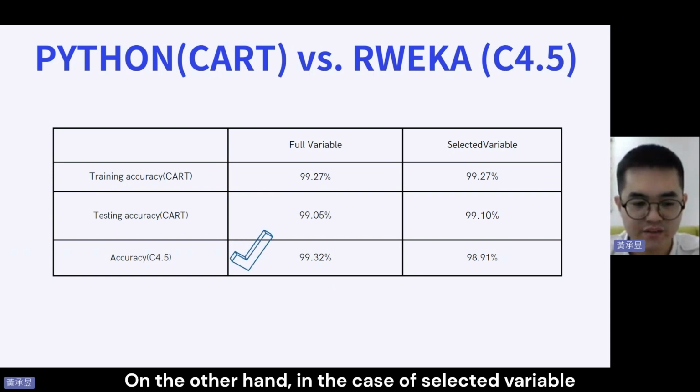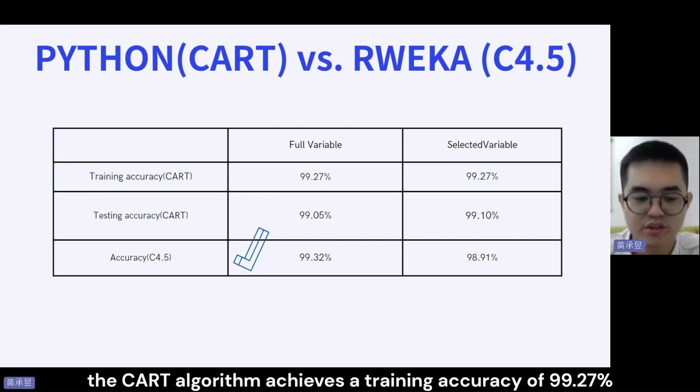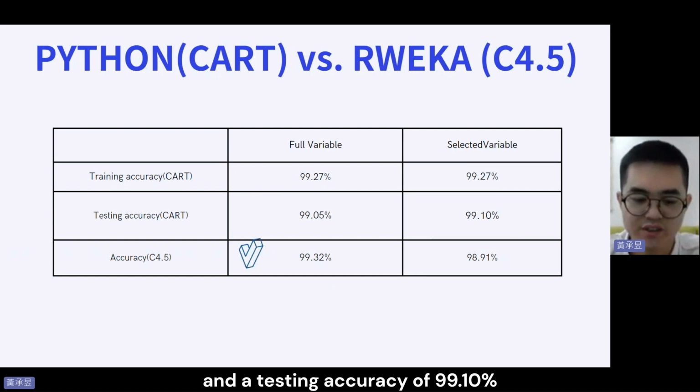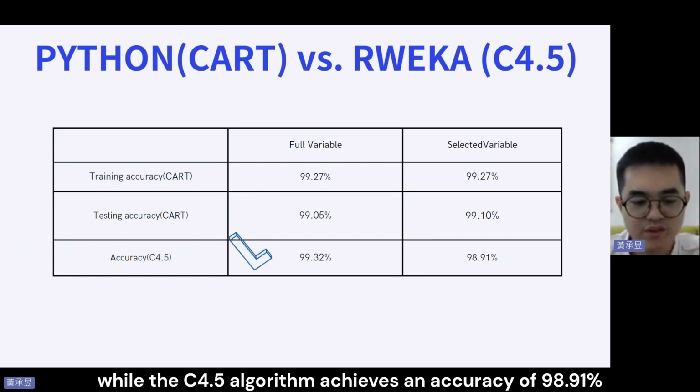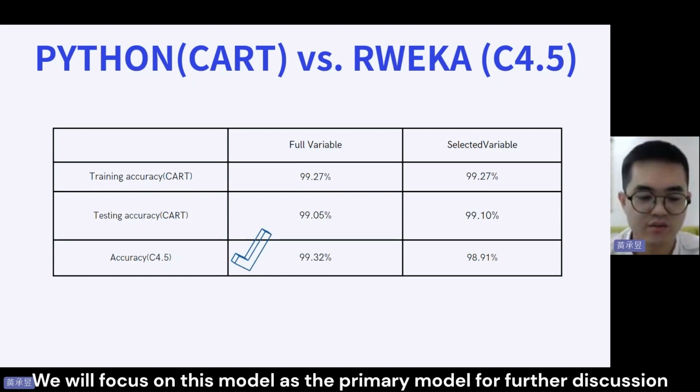On the other hand, in the case of selected variables, the CART algorithm achieves a training accuracy of 99.27% and a testing accuracy of 99.10%, while the C4.5 algorithm achieves an accuracy of 98.91%. C4.5 has the highest model accuracy when considering all variables. We will focus on this model as the primary model for further discussion.